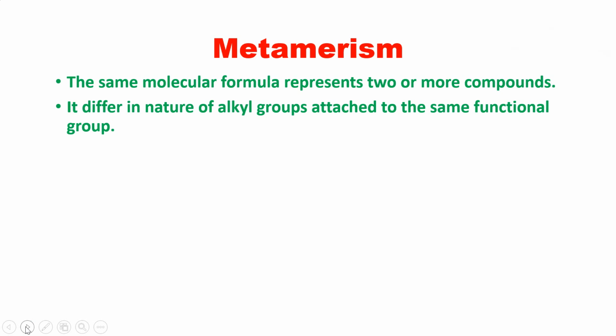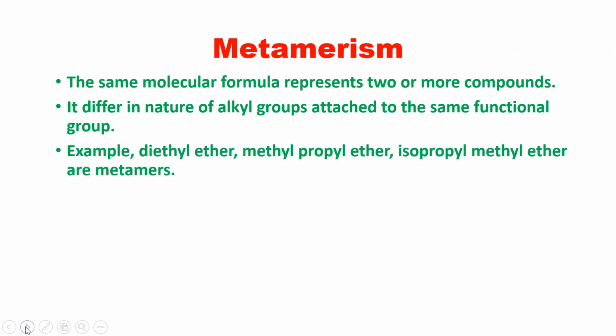Now in the case of metamerism, what differs is the nature of the alkyl groups attached to the same functional group. Say for example, diethyl ether, propyl methyl ether, or isopropyl methyl ether are the metamers of each other. Functional group is the same. In the case of metamerism, functional group is the same. Only there is a difference in alkyl attachment.